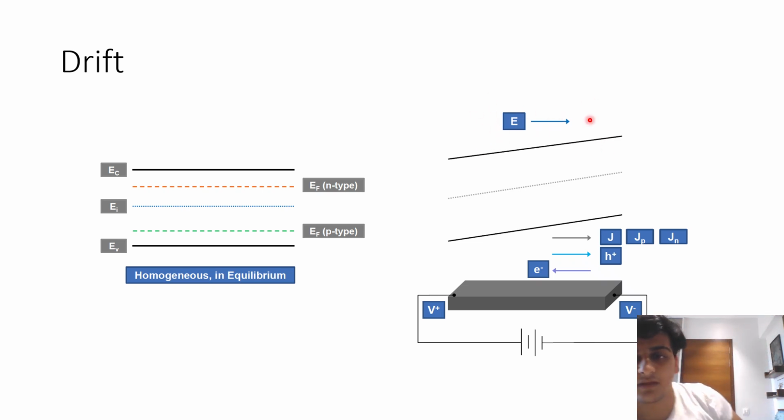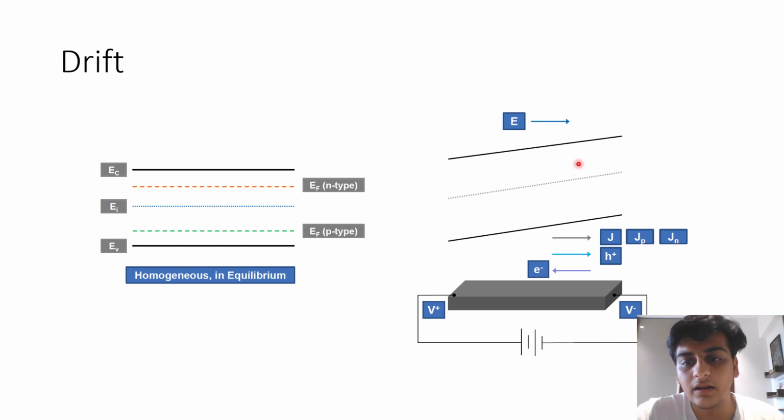Now, one important thing to note before we get into how the band diagram looks is that if you go back to when we learned about the energy band diagram, we spoke about how it represents the energy of the electrons. So now we know that electrons move in the direction opposite to the electric field.